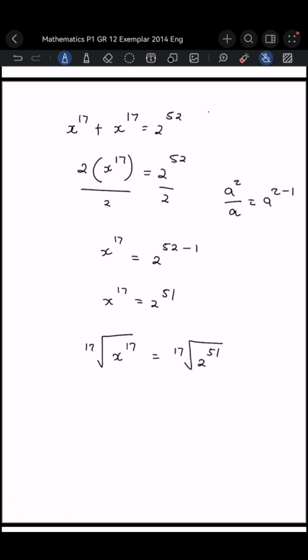What is actually happening here is just x raised to the power of 17 multiplied by 1 over 17 is equal to 2 to the 51, times 1 over 17. 17 divided by 17 is going to be 1. 51 divided by 17 is going to be 3. So it's going to be 2 to the power of 3. Then x is equal to 8.